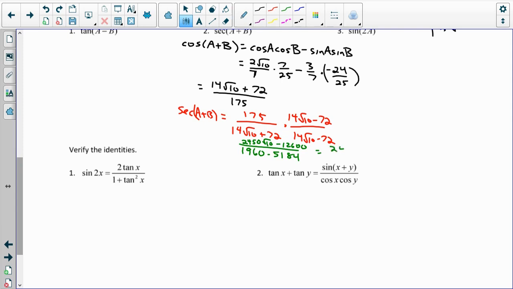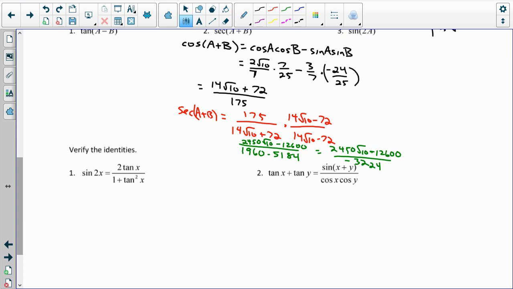So 2450 root 10 minus 12,600 divided by 1960 minus 5184, which gives me negative 3224.